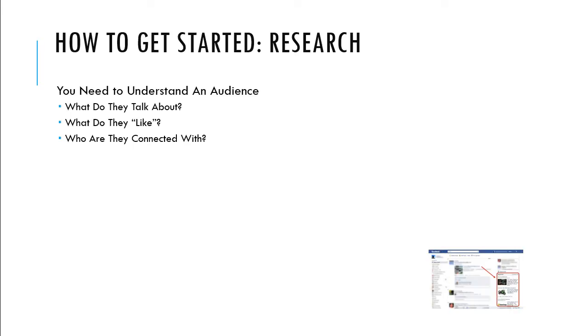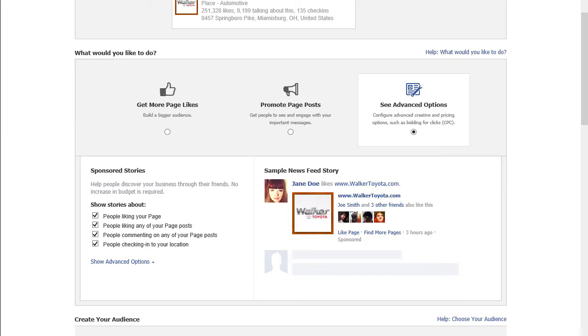Although we're not going to get specific into the Facebook ad network in this video, I do want to show you a portion of it so that you can understand why I'm saying, here at the beginning, before we talk about ads, before we talk about the ad network, that you must understand your audience with Facebook. Let's take a look at the Facebook ad network from the inside so that you can see what I mean.